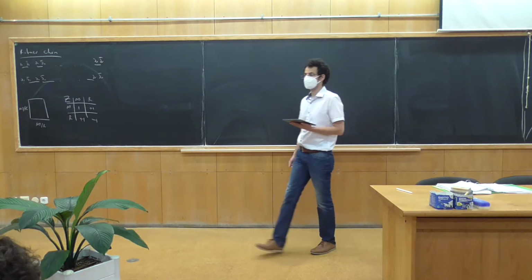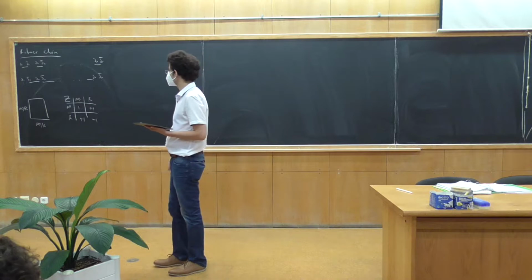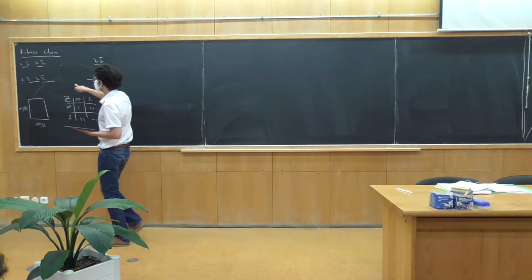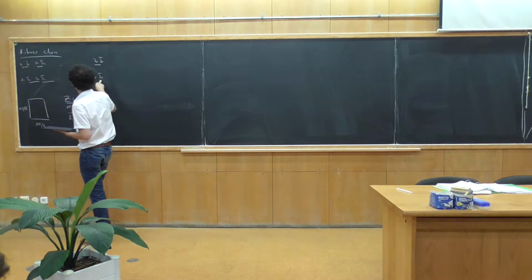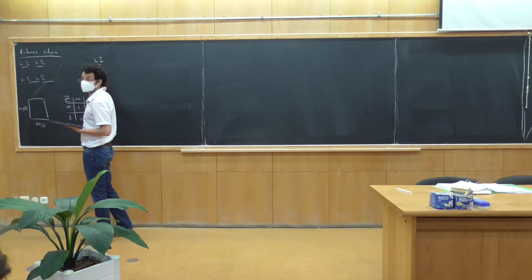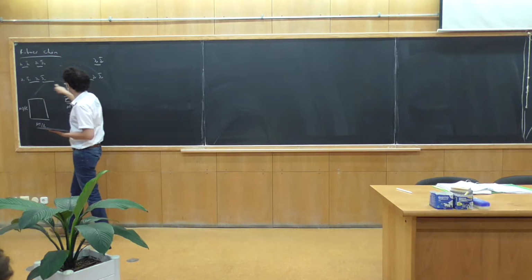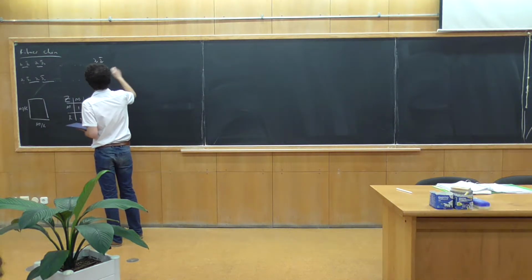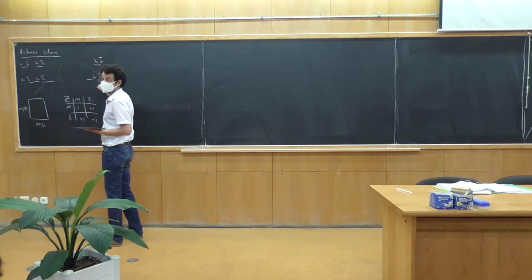Could you explain again why the edges are gapped? Well, let's just focus on this particular model. We have these two unpaired Majorana modes, and they're not involved in the Hamiltonian at all.